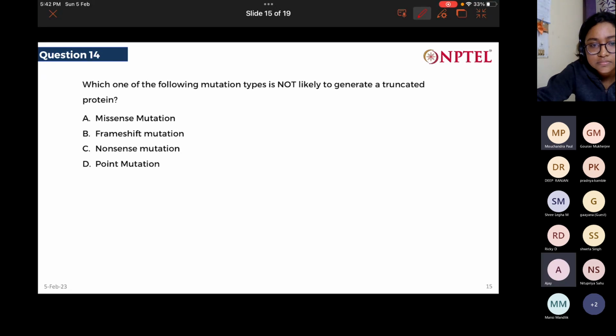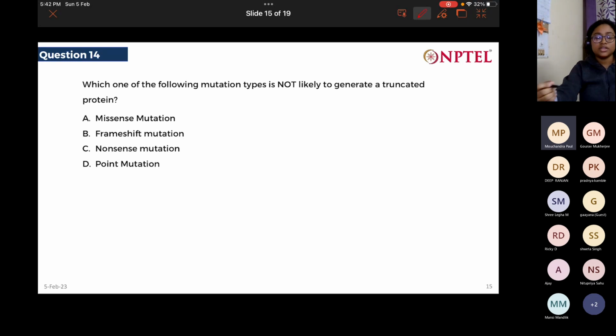Point mutation, ma'am, it will generate a protein, but not a truncated protein. Okay. Anyone else? So point mutation, what is happening here?